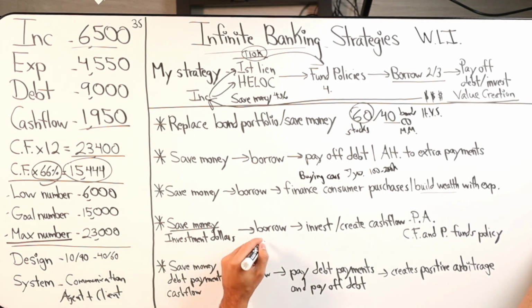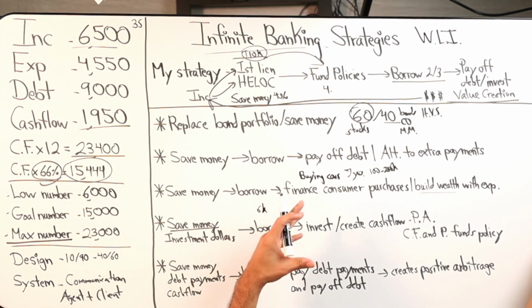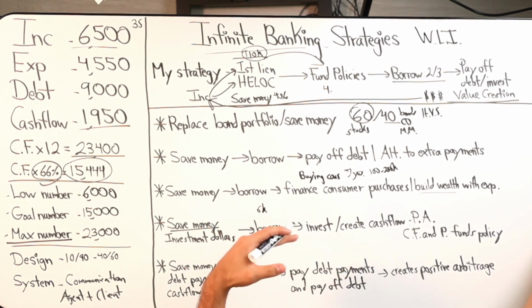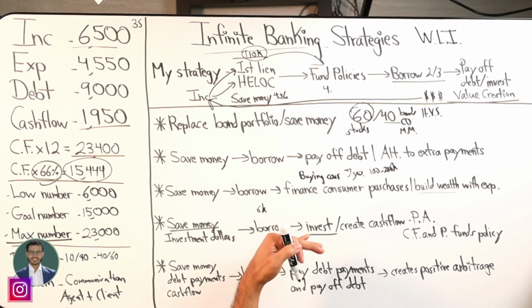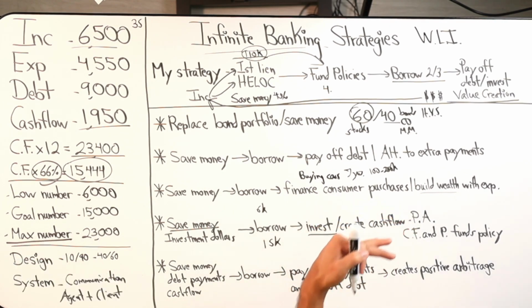Let's say it's 15 grand of investment dollars and 6 grand of savings dollars. So all together, 21 grand went in, and then you borrow 15,000 out. And when you borrow the money out, you are trying to invest and create cash flow, right?